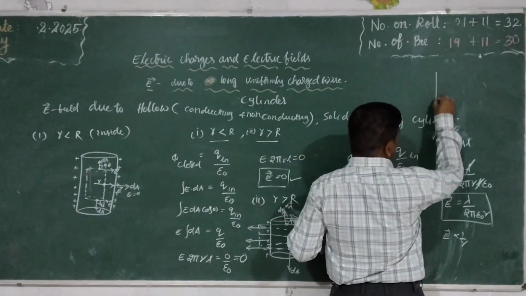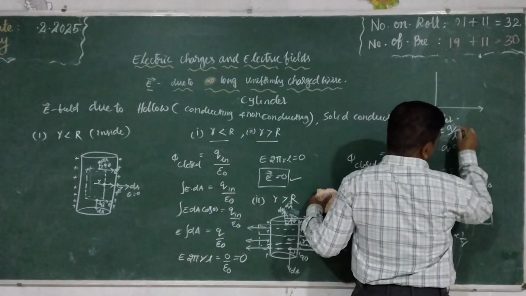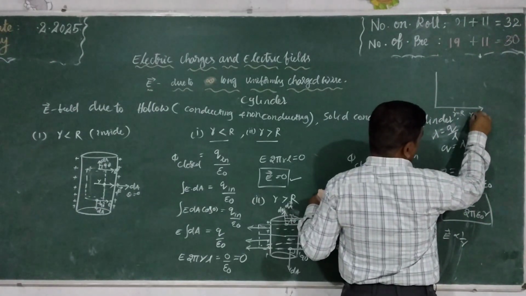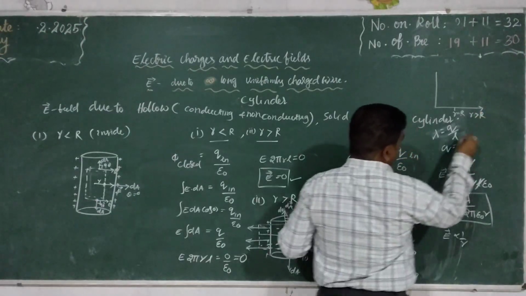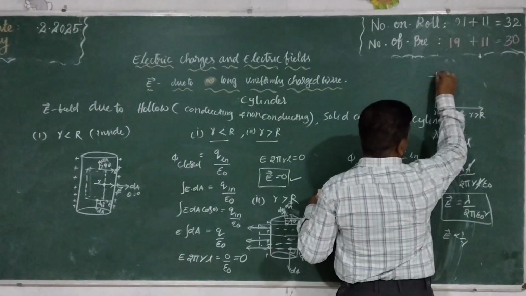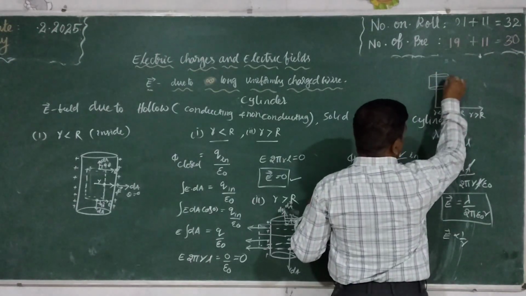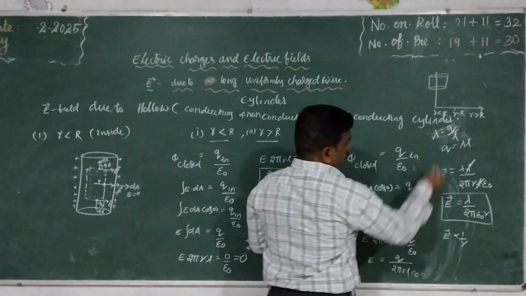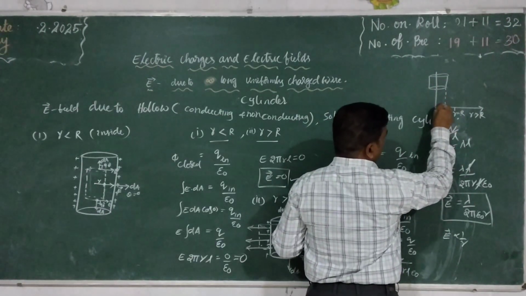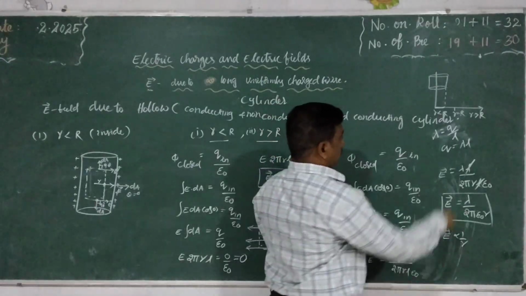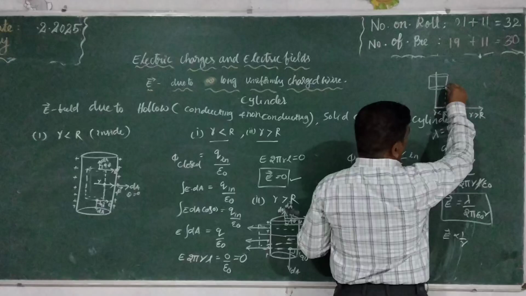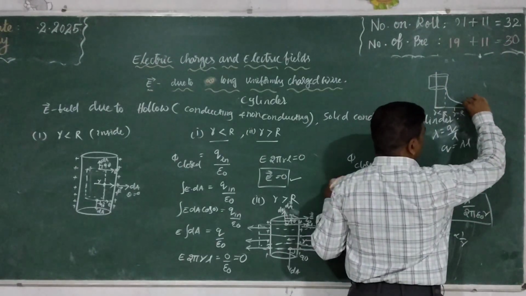On the x axis we take distance; this is r equals capital R, this is r greater than capital R, this is r less than capital R. See, we can take the cylinder here, this is the r distance. From the center to r distance, the electric field is 0. After r distance, outside the surface, this is the graph.